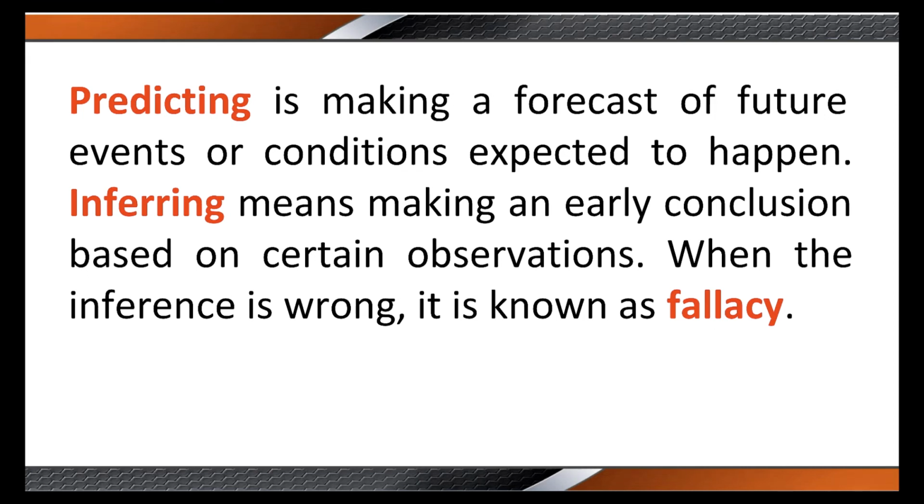Now let's take a look at inferring. Inferring means that you're making an early conclusion based on certain observations. Not all inferences are going to be correct. Some of them are going to be incorrect, and that happens, and that's called a fallacy. So what exactly is an inference? We're going to use that example of the ozone level again.